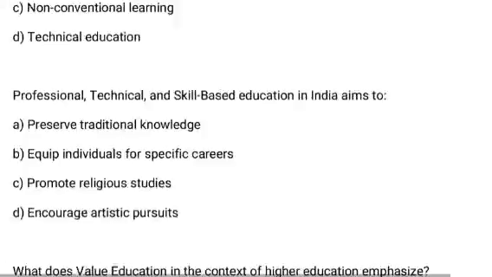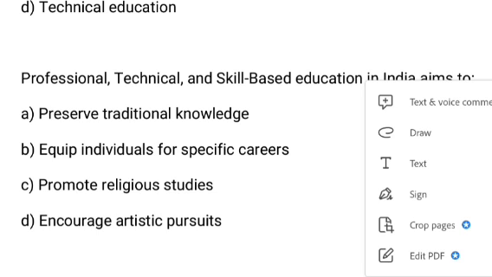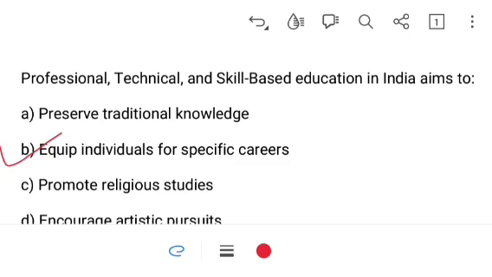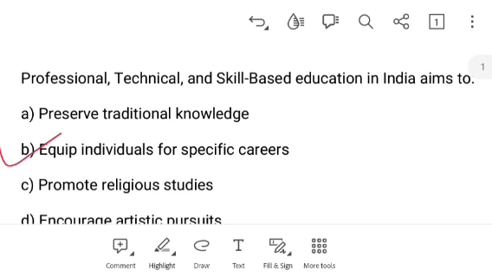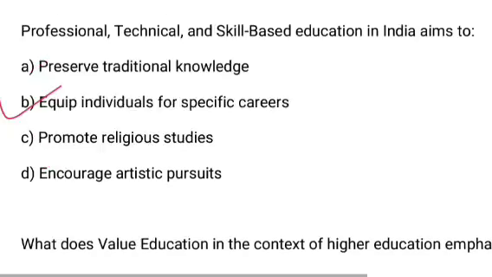Professional, technical, and skill-based education in India aims to do what? Preserve traditional knowledge, equip individuals for specific careers, promote religious studies, encourage artistic pursuits. So it will be equip individuals for specific careers. This is the objective of professional, technical, and skill-based education in India.